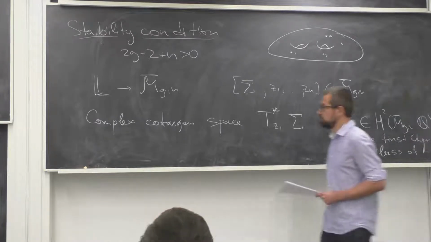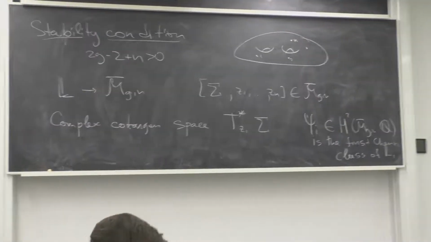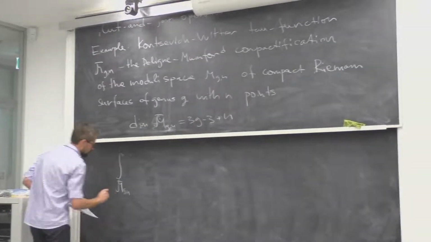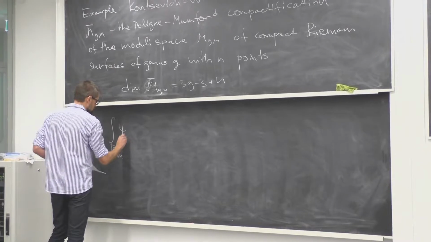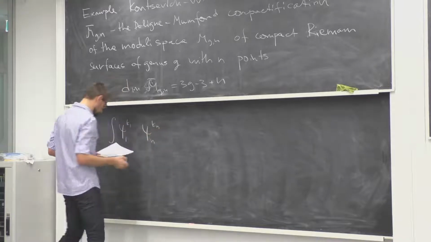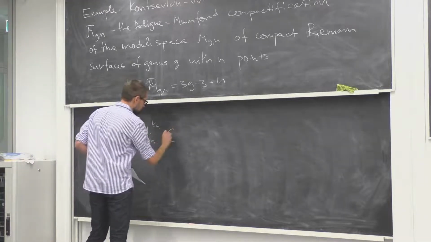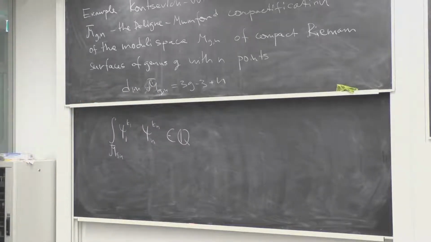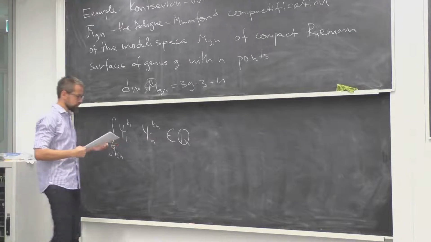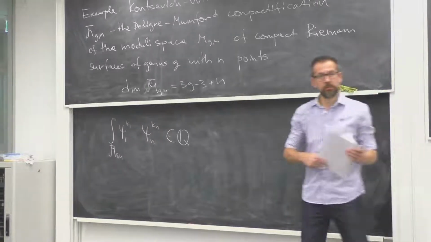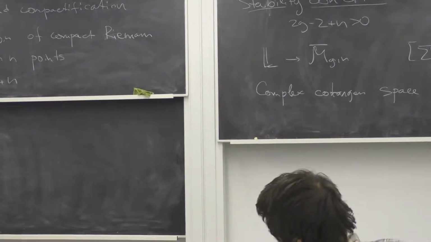So we have some cohomology classes, and we want to consider the intersection numbers, the integrals over M_{g,n} of these classes psi_1^{k_1} through psi_n^{k_n}. These are some rational numbers. This integral vanishes unless the stability condition is satisfied, so we always assume that 2g minus 2 plus n is positive.